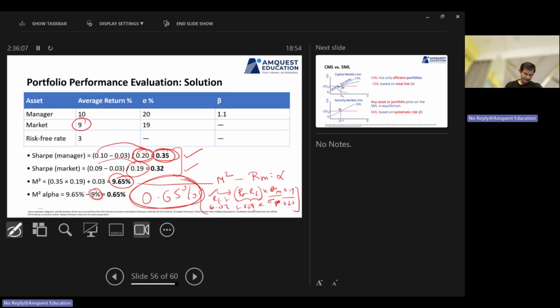See, this alpha, what is M square alpha? I compared with market return. Look here. Got it? M square is nothing but the return you're getting. M square alpha is the excess return you're making over the market return. Got it? Okay, thanks, sir.